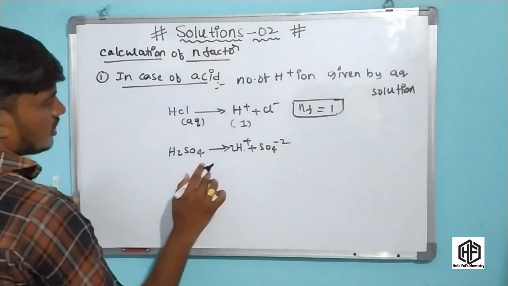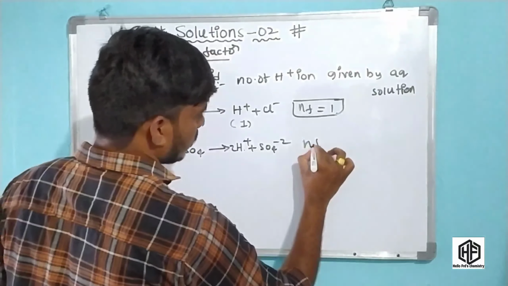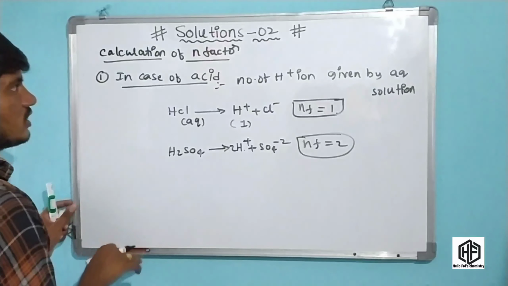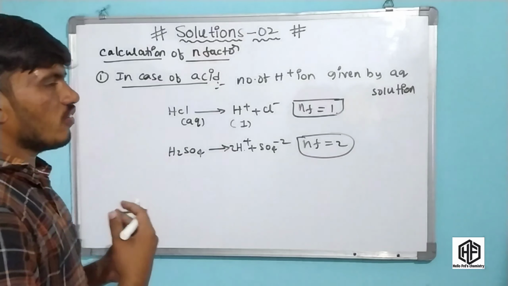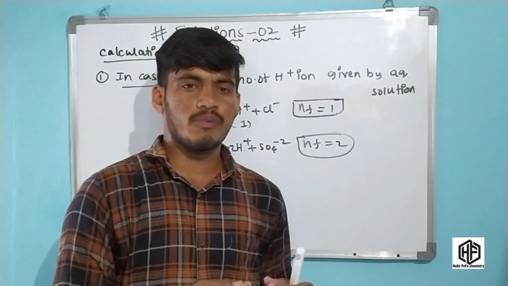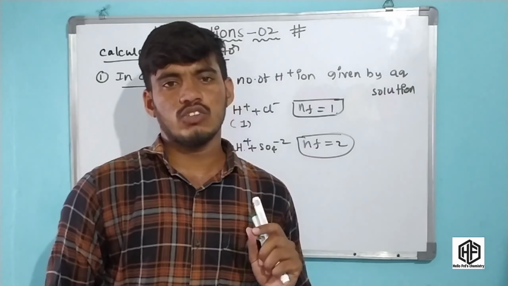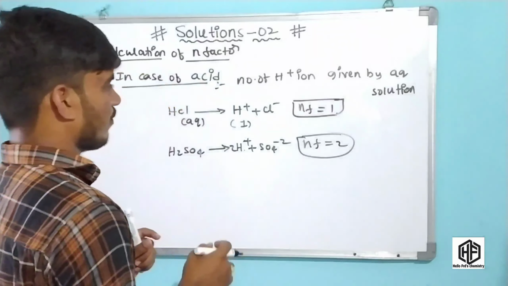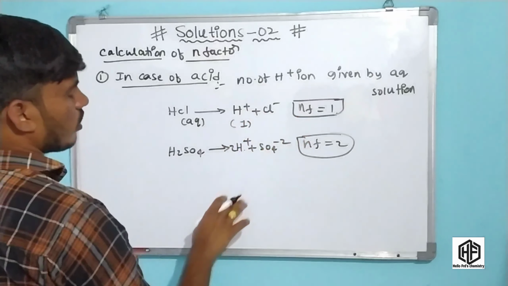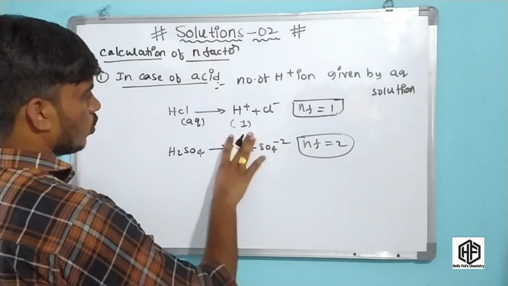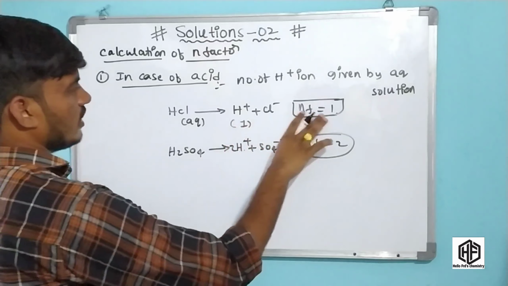The N factor value of H2SO4 is 2 and HCl is 1.